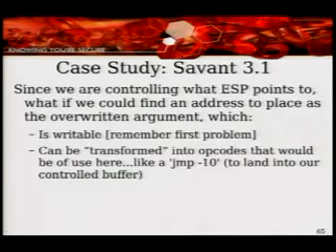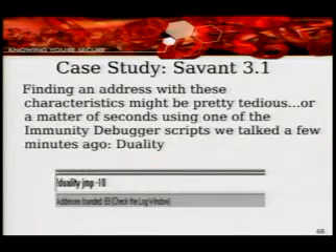Since we are controlling what ESP points to, what if we could find an address to place as the overwriting argument, which first of all needs to be writable because of the first problem, and second, it can be transformed into opcodes that would be of use here, like let's say a jump back to land into our controlled buffer. But finding an address with these characteristics might be pretty tedious and pretty hard.